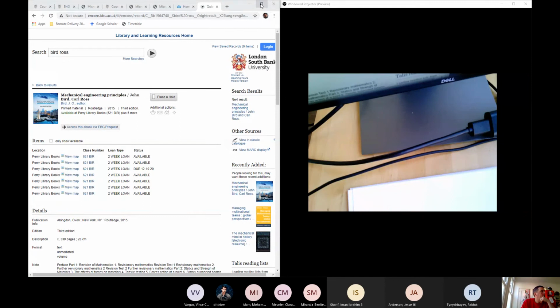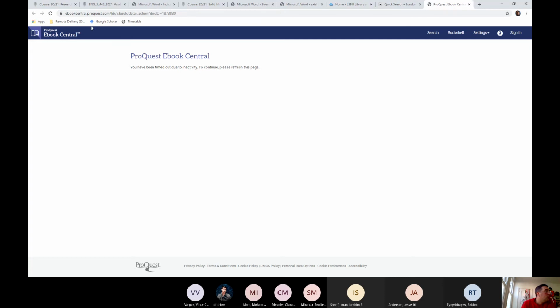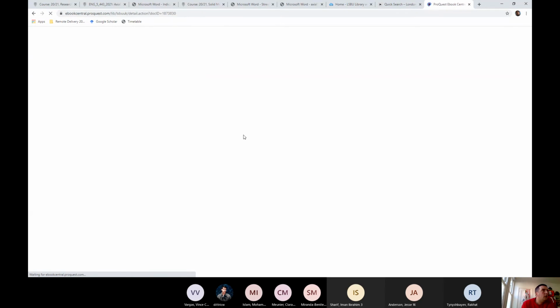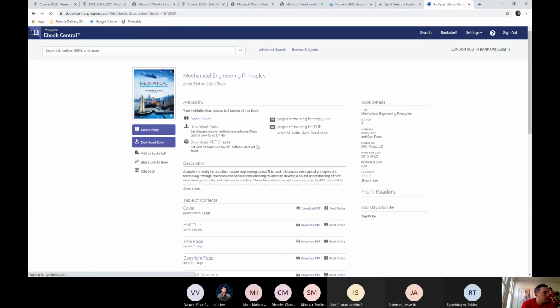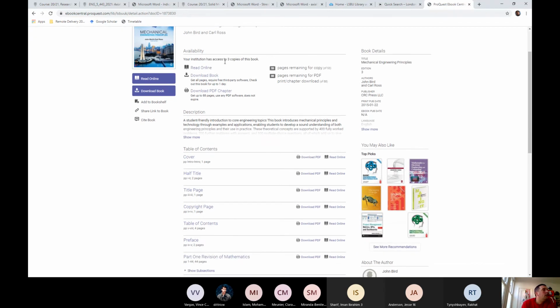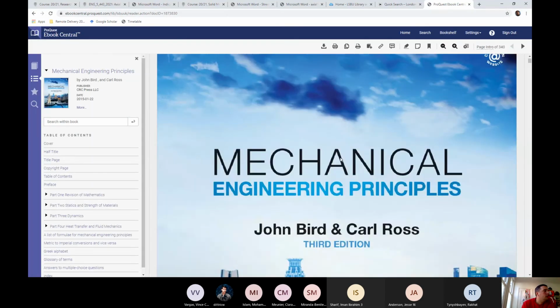I hope you can see now my screen with the information about the textbook. I'll try and log in to have a look at it. Okay, so it looks maybe like we could read this online now. Let's just try, see how it goes. Awesome.